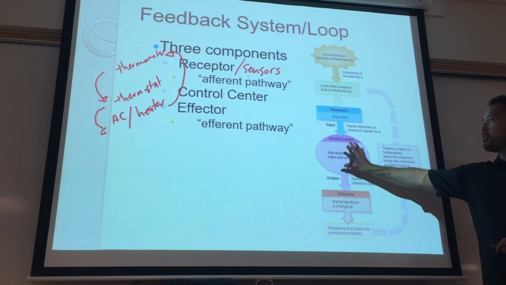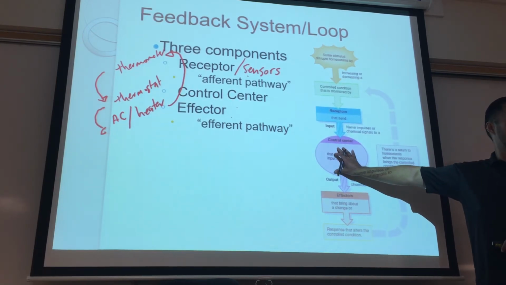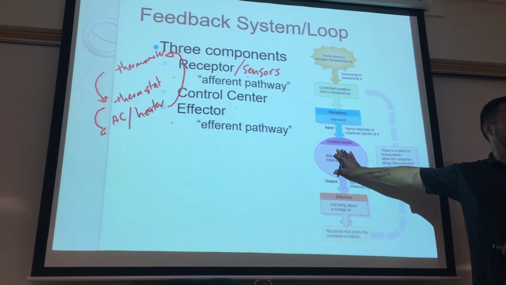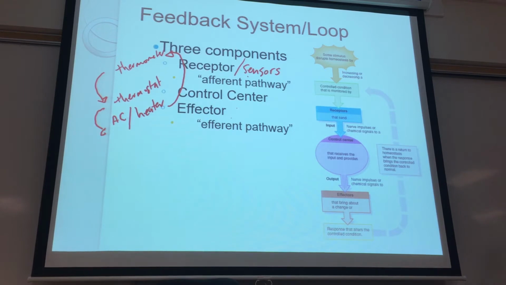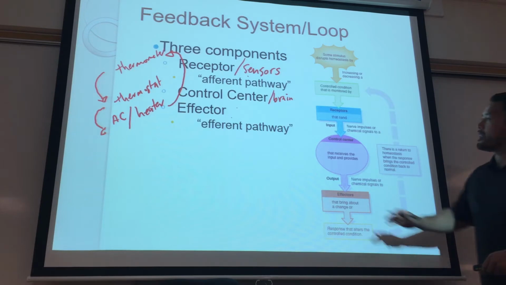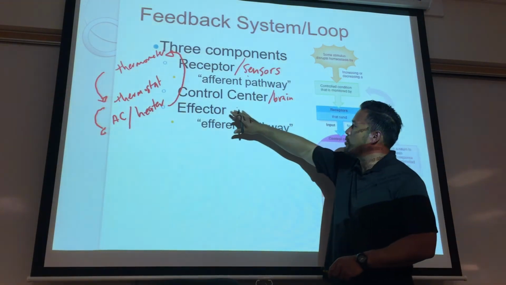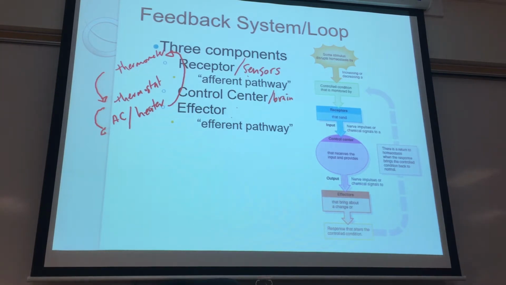And that control center, you can pretty much surmise, is either a bunch of clusters of nerves, or it could be the brain itself. So it sends that information over to the control center, which is going to be the brain, or nerves, or depending on spinal cord, or wherever we're looking at. And then it's going to send that information out to the effector. And the effector, in this case, can be the AC or the heater.